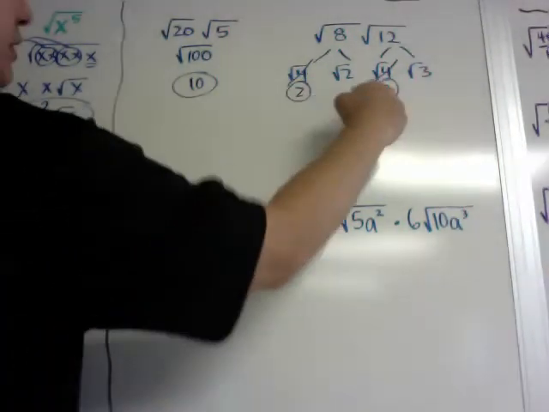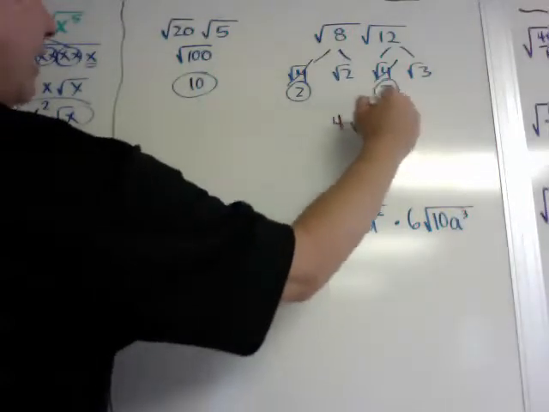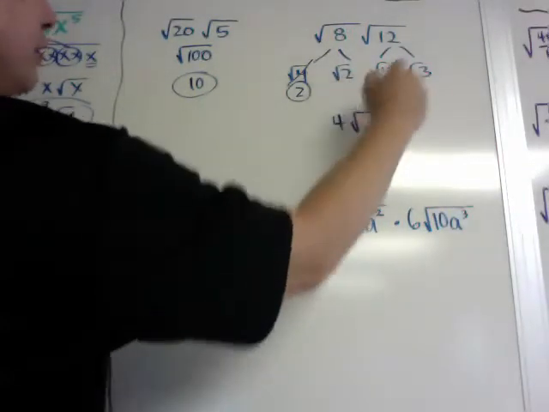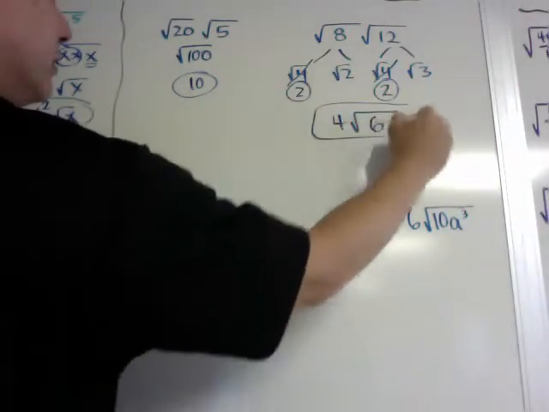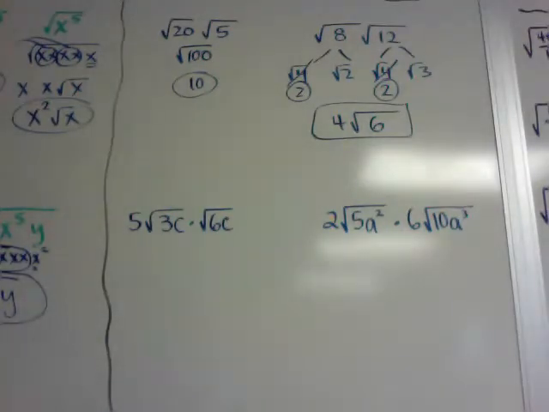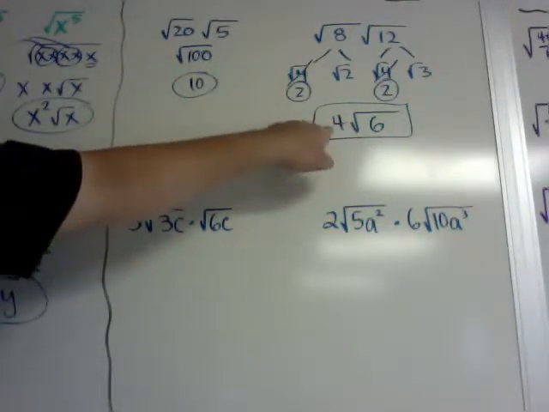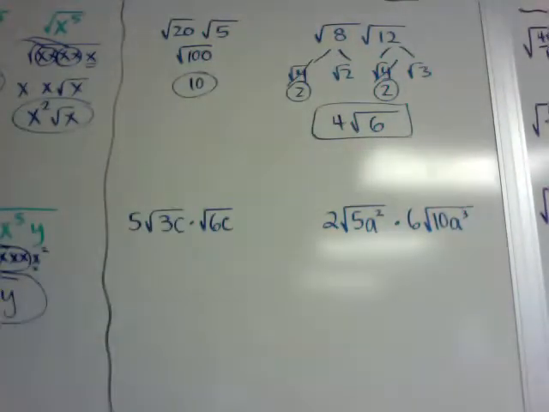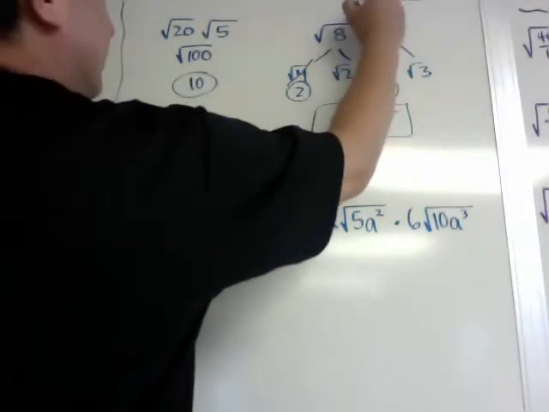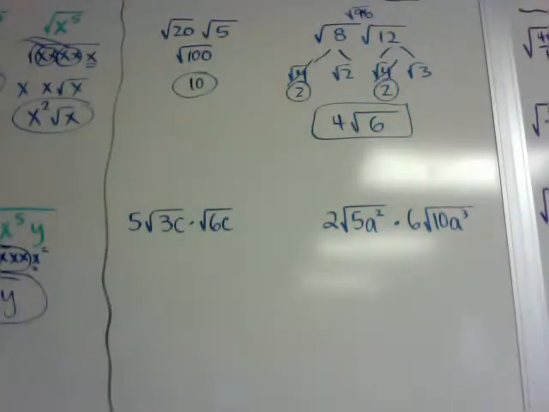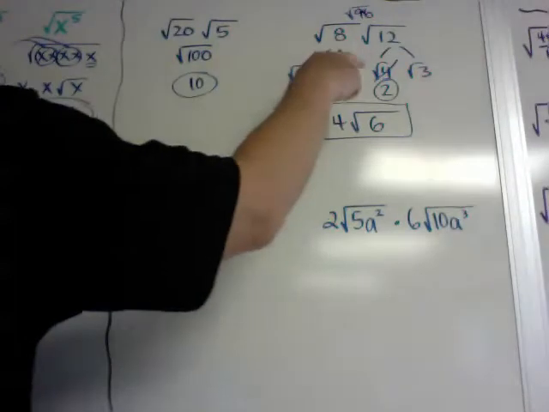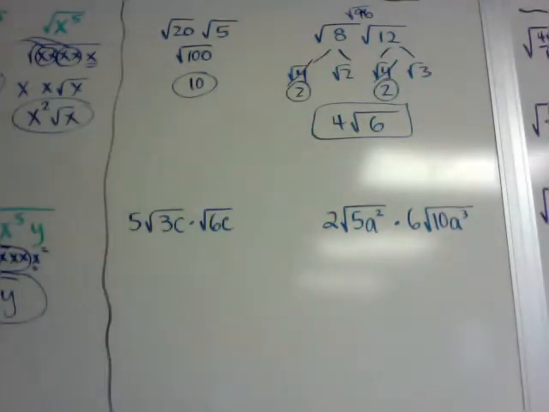So it's 2 times 2, which is 4, radical 2 times radical 3 is just radical 6. I can combine them into one radical. Okay, and that's your radical 96. Again, if I square this, I get 16 times 6 is 96. So if I did go back to 96, I could do it that way. But again, you would just do an extra step anyway, so I would just start from the 8 and 12.